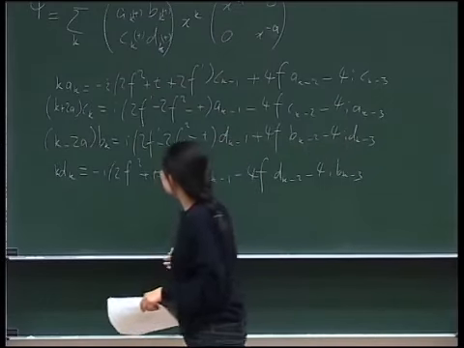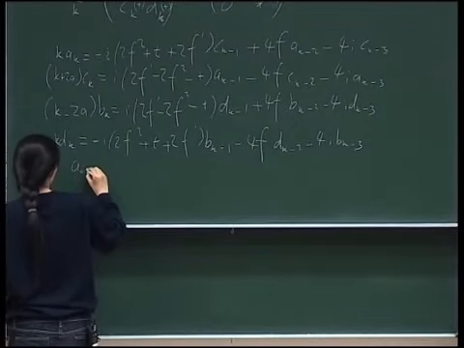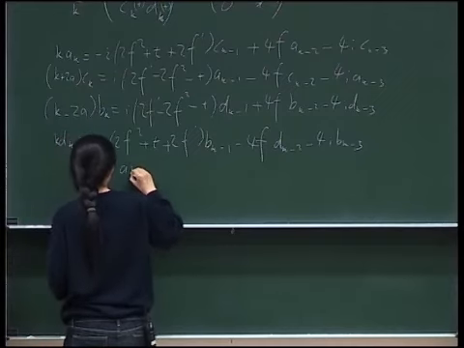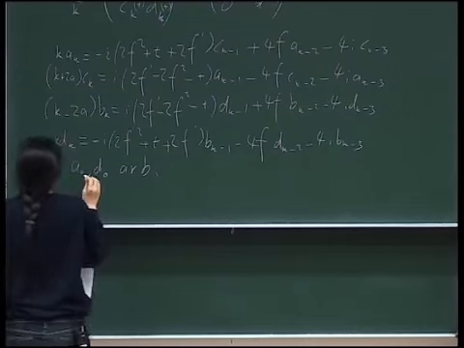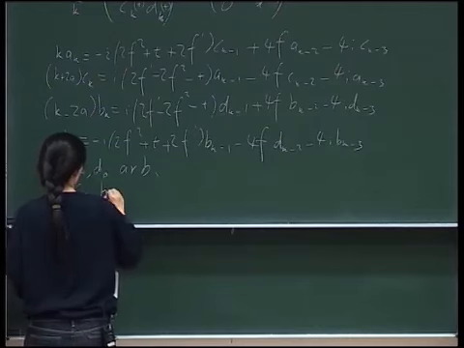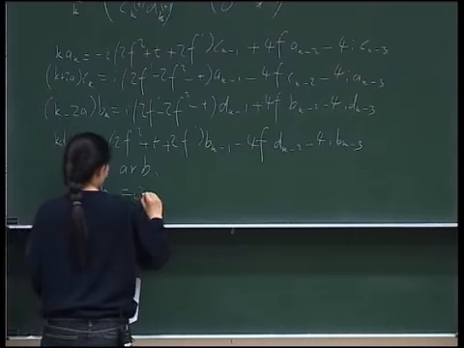And from here we can see that a naught and d naught are arbitrary, and c naught, b naught is 0.